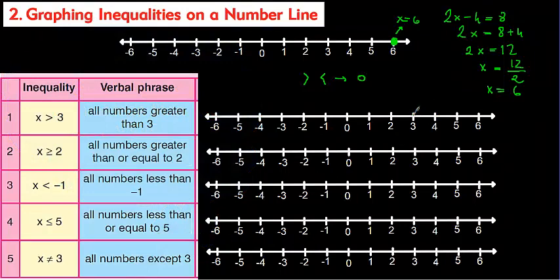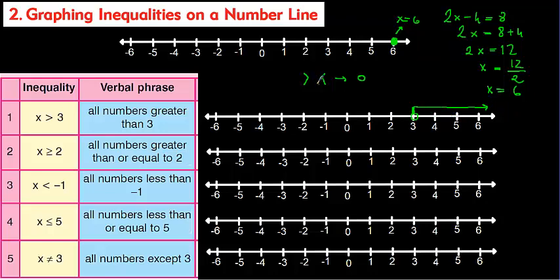So this point is going to be an open circle firstly. Then it says numbers greater than 3. And which numbers are greater than 3? 4, 5, 6. Also, here we are not writing, but 3.5, 4.5, 3.6. These numbers also are greater than 3. That's why all numbers are greater than 3. It's going to be like this.